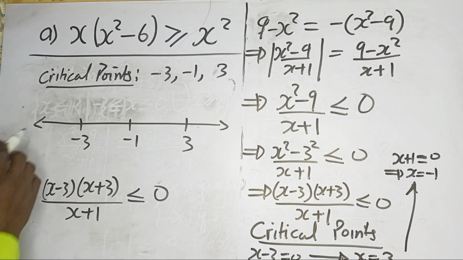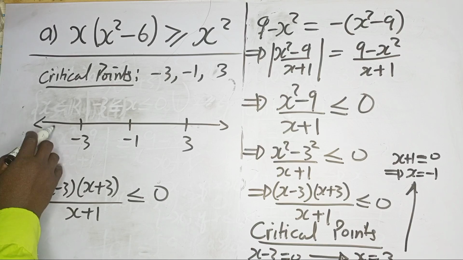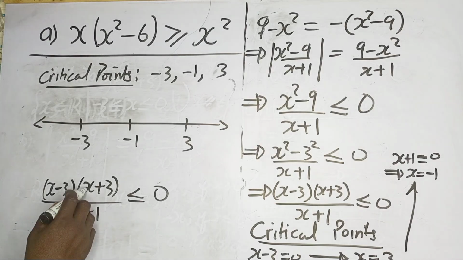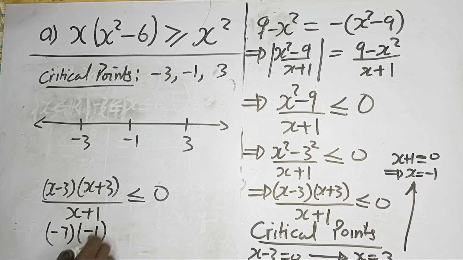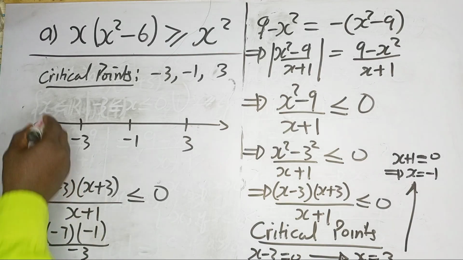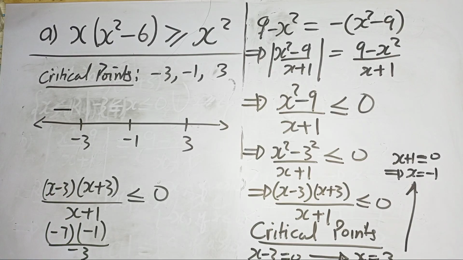We're interested in the signs. Negative 4 minus 3 is negative 7, into negative 4 plus 3 which is negative 1, over negative 4 plus 1 which is negative 3. Negative multiplied by negative is positive, positive divided by negative is negative. So here we have negative.